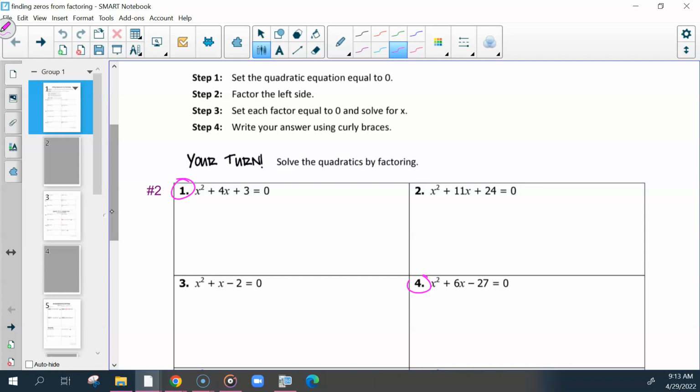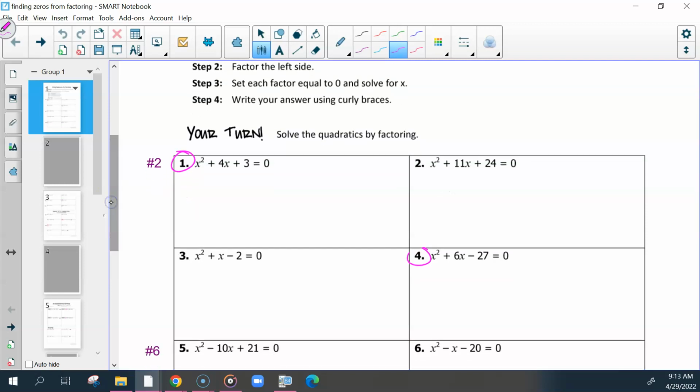And then 4 terms would be grouping, but really you'll just see the 3 terms. So with this, there's only 1 or 2 ways we could factor this. This has a 1 in front, so it's going to be factoring trinomials when A equals 1.